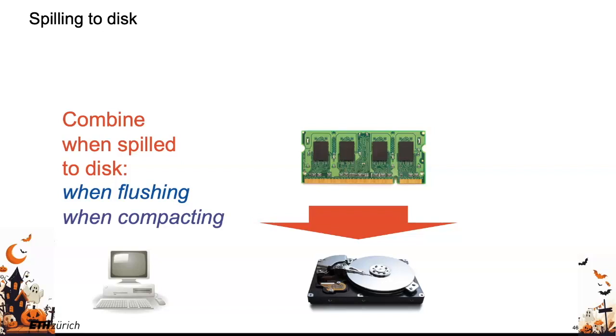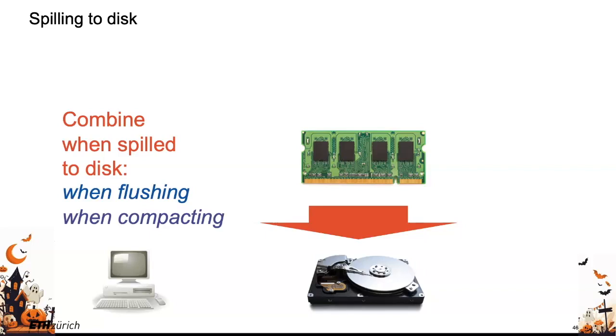But MapReduce will not guarantee you anything. Maybe it's going to call it just once when it spills to disk. Maybe it's going to call it every time it flushes and every time it compacts, which is the natural thing to do. Or it will not even call it at all. You have absolutely no guarantees. This is just a suggestion that you kindly make to MapReduce, saying you could, by the way, use this combine function if you want, but there is no guarantee. All right, and again, does it make sense, right?